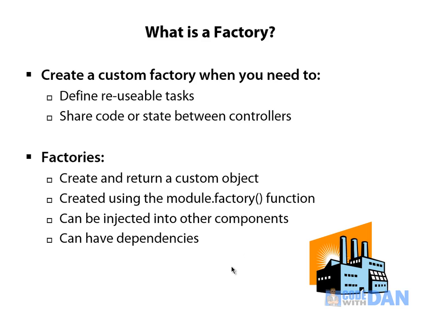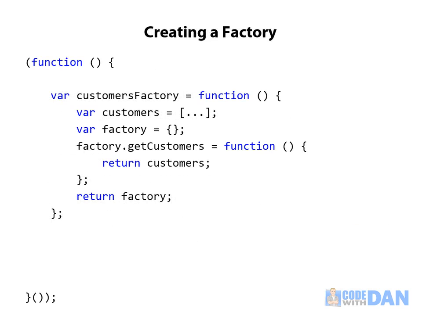One example would be you might inject it into a controller, but you could also inject it into another factory or service. So factories can really be reliant on other factories or services as well. And then they can have their own set of dependencies. So for example, you might need the $http that I showed earlier because you want to make AJAX calls. The process of creating a factory is actually very similar to creating a controller, just a few different keywords.